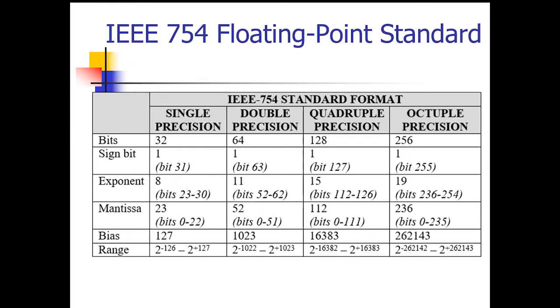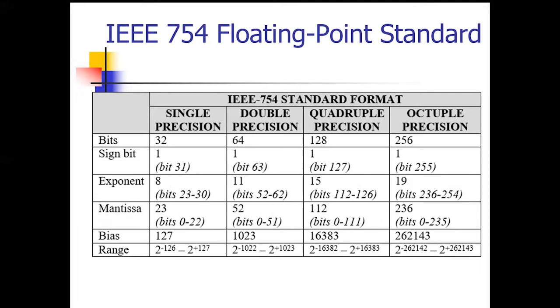Just to recap on the IEEE 754 standard for floating point, basically they have single precision, double precision, quadruple, and octuple precision. All of these have bits assigned to the sign, exponent, and mantissa, and they also have various biases.